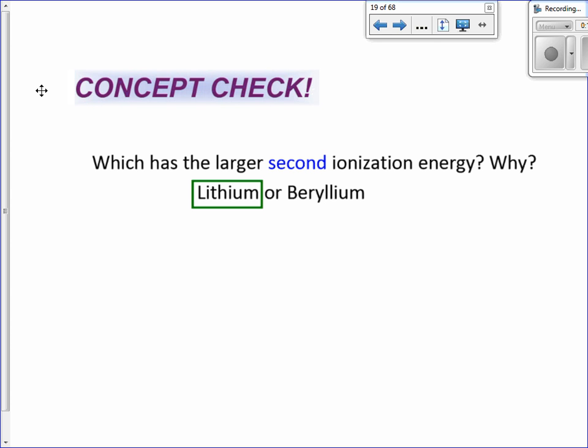And remember we said core electrons are more tightly bound, they're much harder to remove. It also creates an unstable atom, and atoms don't want to be unstable, so that energy is going to be higher. Okay? Make sense? For this case, yes, it's because of the core electron versus the valence electron.